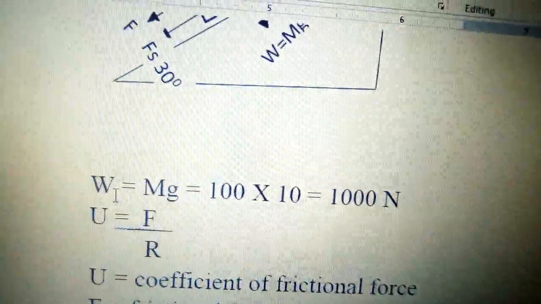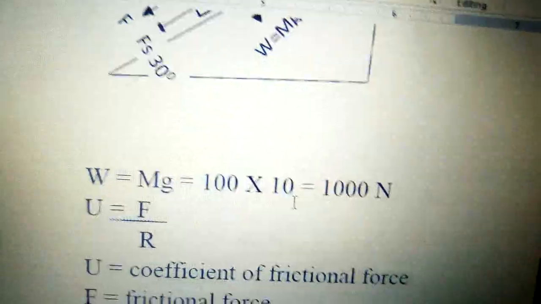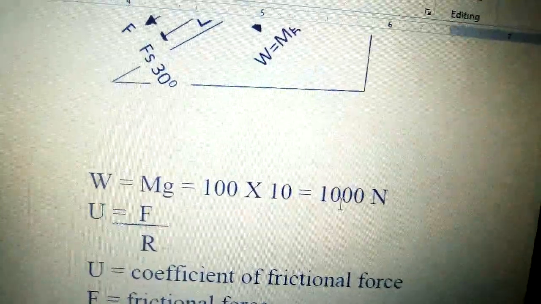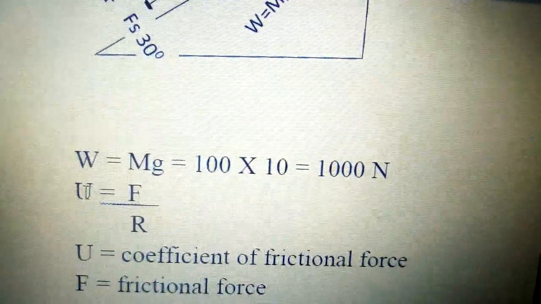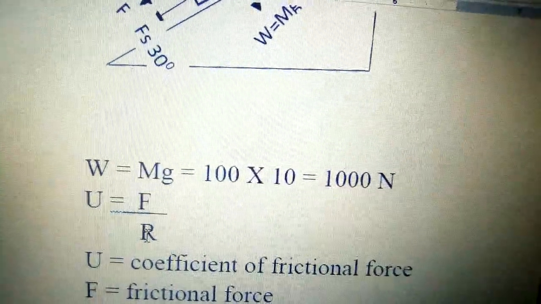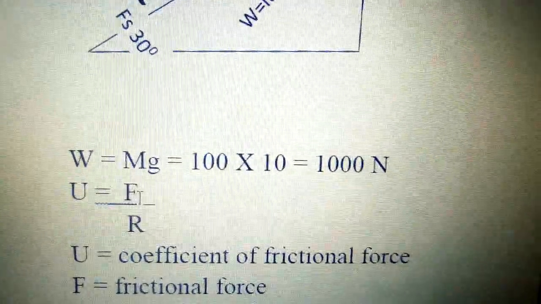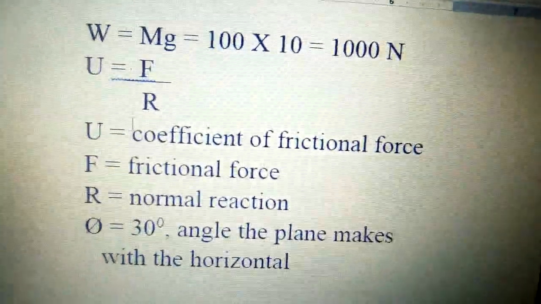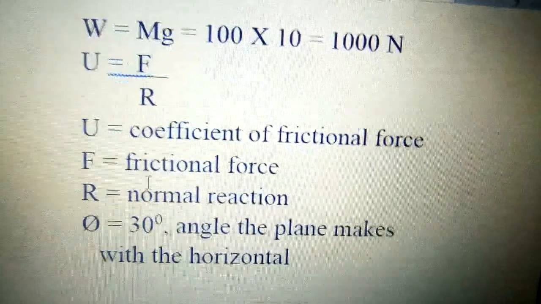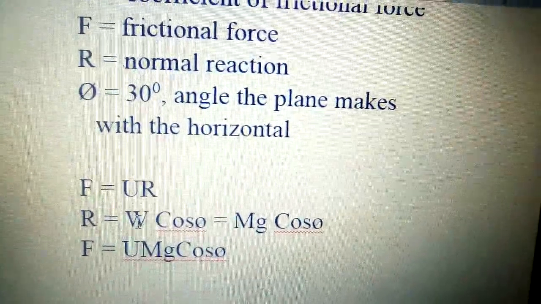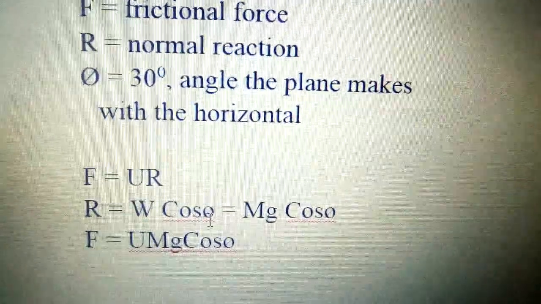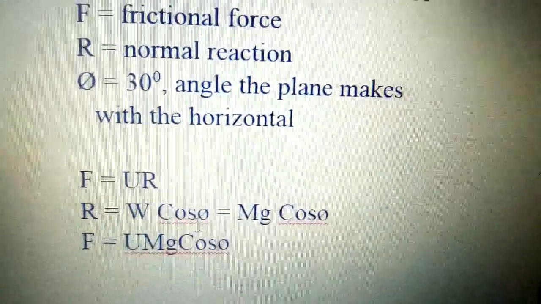We know that weight is mg, mass times acceleration due to gravity. Then the coefficient of friction is frictional force over normal reaction, making F the subject. F becomes coefficient times R. Then R is nothing but the weight times cos of the angle to the horizontal, which I call angle theta or angle phi.